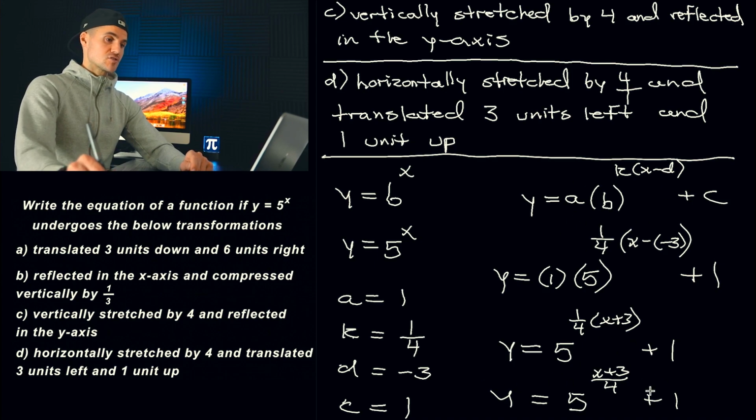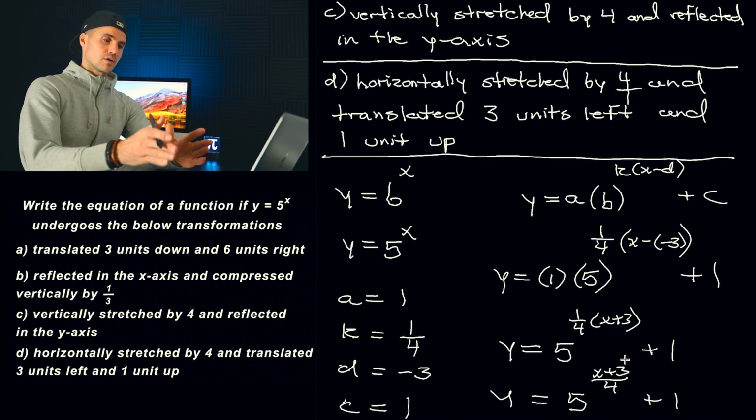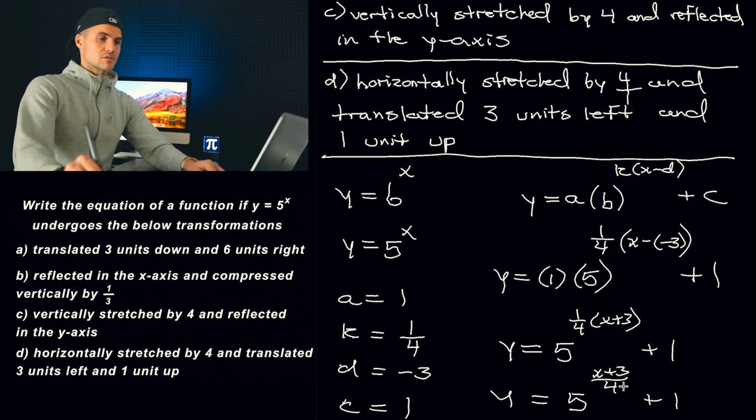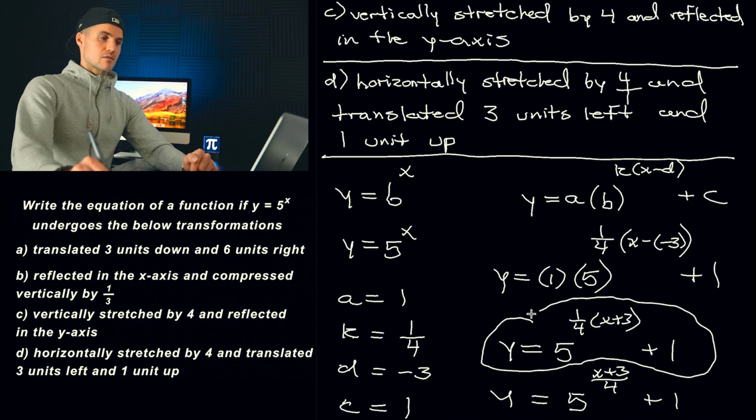Like if they maybe gave you something like this and asked you to graph it, you might get confused by that fraction initially, but all you have to do is just factor it out, and then factor out that 4 in the denominator to get in this format, and then you can get your transformation values. All right, so I thought I would mention that. But for this particular question, this ends up being the final equation for part D.